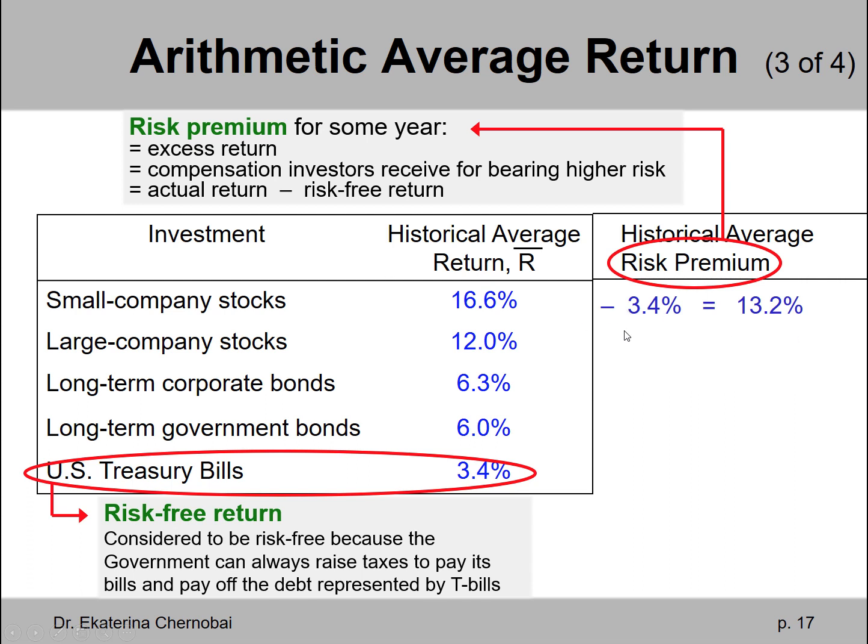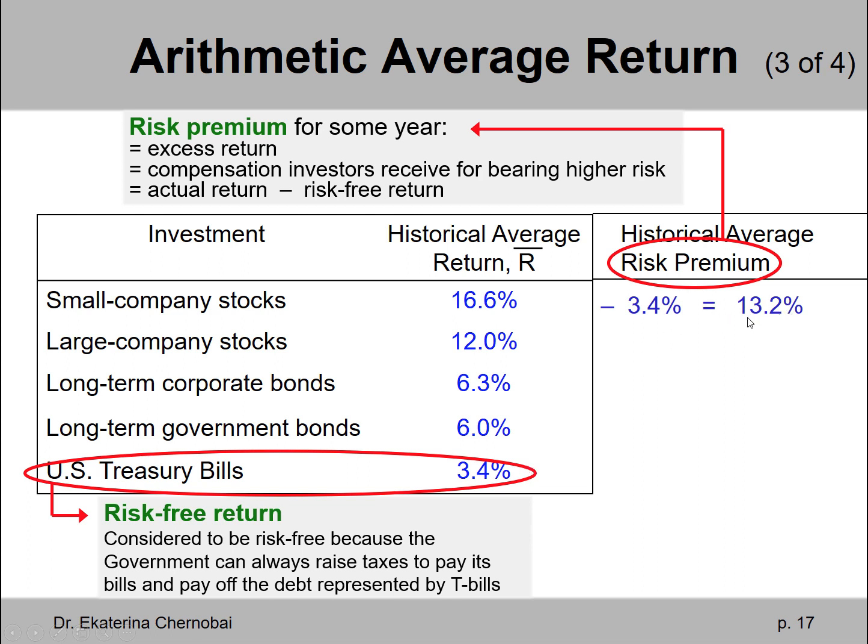It means that those investors who decided to invest their money into stocks of small companies were getting on average 13.2% more money every year relative to the bare minimum return they could have earned if they bought the treasury bills.